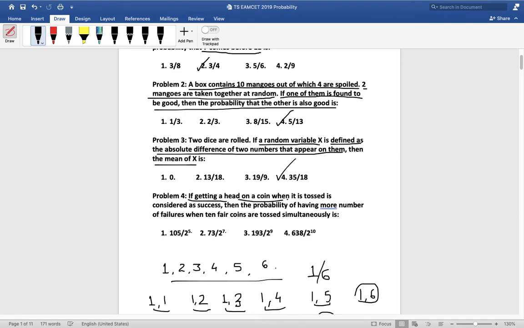If getting a head on a coin when it is tossed is considered as success, then the probability of having more number of failures than successes when 10 fair coins are tossed simultaneously is. So he's saying 10 fair coins are being tossed simultaneously. You can toss them simultaneously or one after the other. It doesn't make any difference because all the coins are separate.